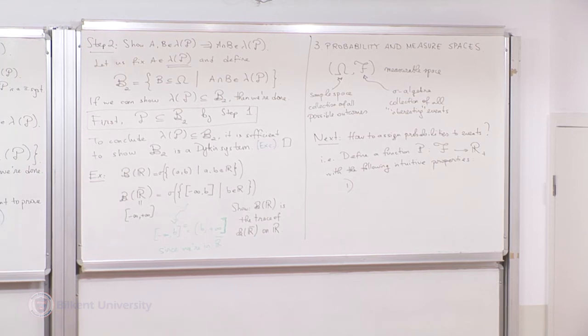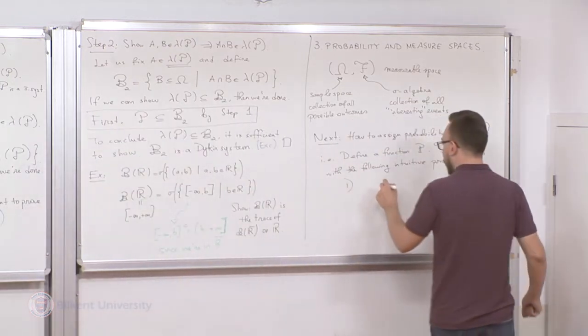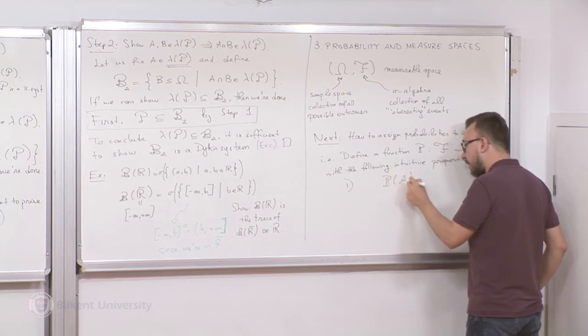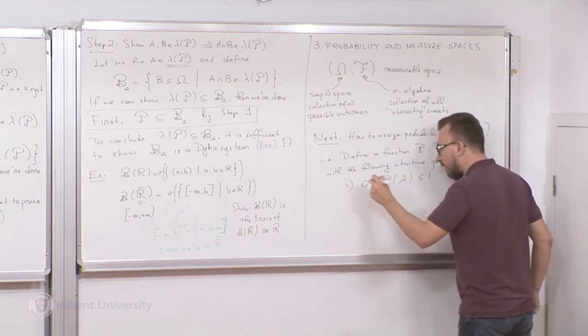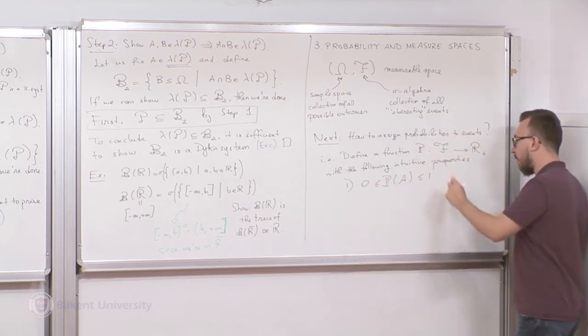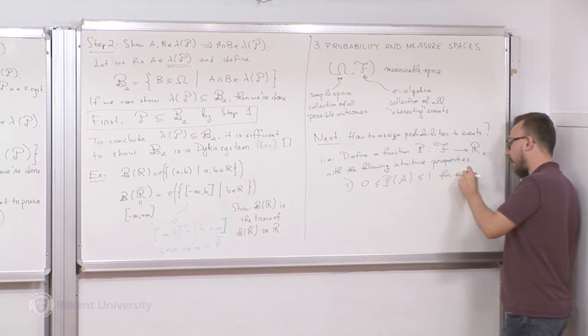What properties would you like your probabilities to satisfy? Just name one property of a probability from your undergraduate course. Between 0 and 1, right? So whatever event you're talking about, it should be between 0 and 1 for every event.